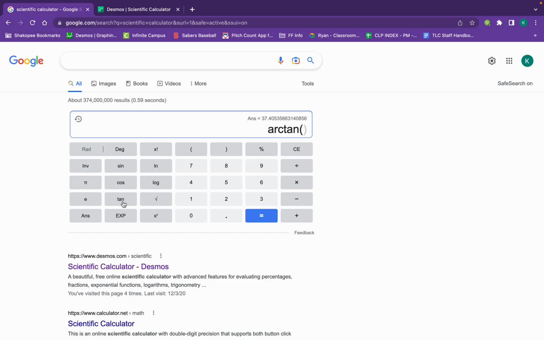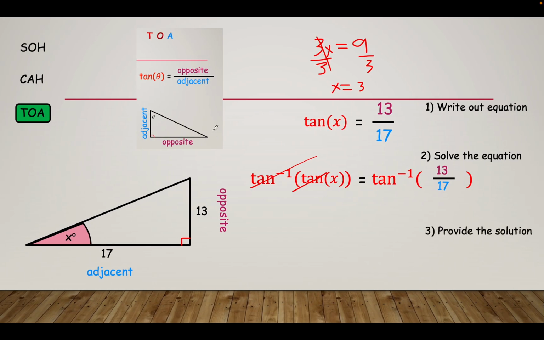On a calculator like Google, it's going to show up as arctan, and then we can type in our 13 divided by 17, and that would give us 37.40. Because this number is less than 5, I'm going to keep that as 37.4. So our solution is 37.4 degrees.